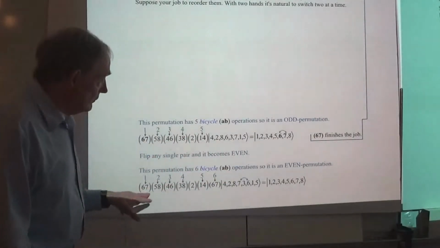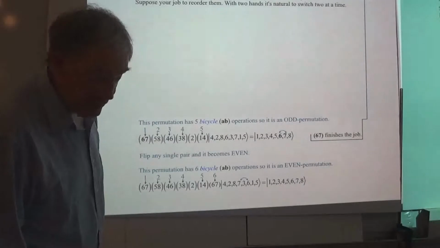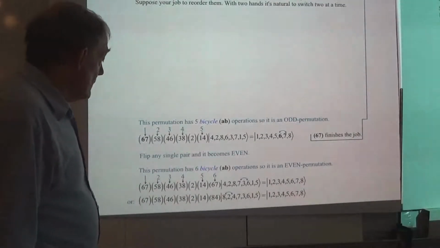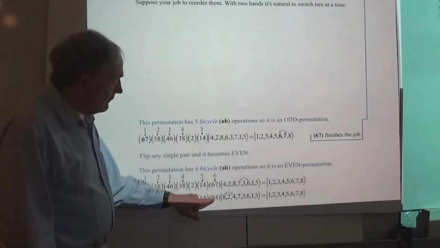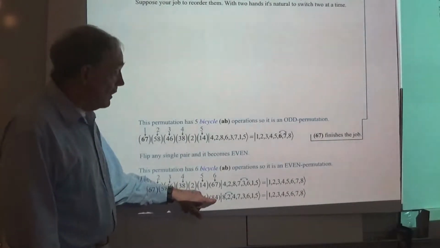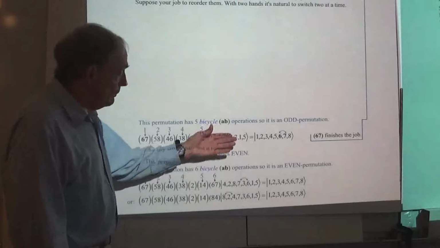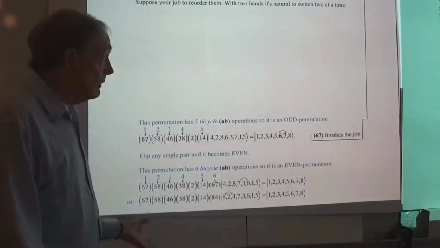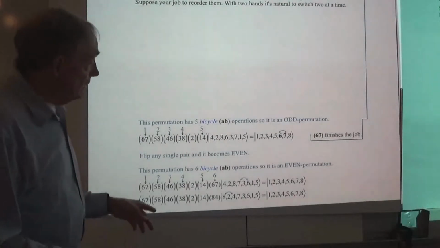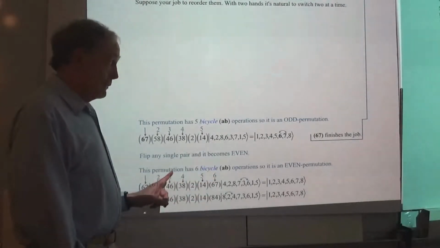Don't let that bother you. It's just the counting here that I'm interested in. And I could have moved 8 and 4 in each other and put a transposition 8, 4 out here that would undo that and get us back to what we had before. Here I did it with 6 and 7. Okay, so no big deal, but I'm just making the point now, this is an even one.